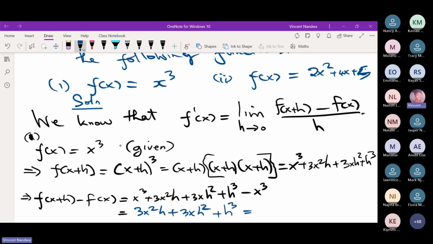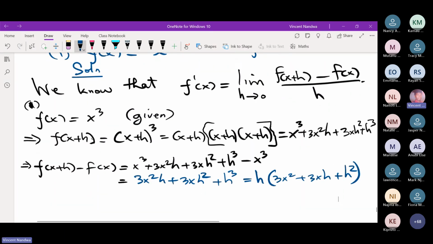So when we factor out h, we get h into 3x squared plus 3xh plus h squared, correct.